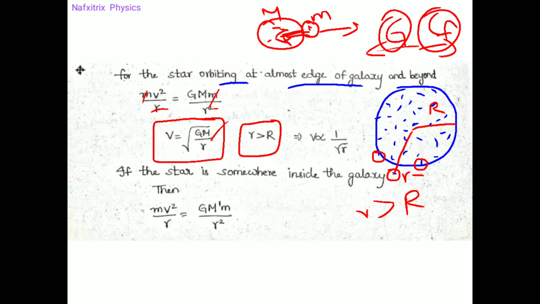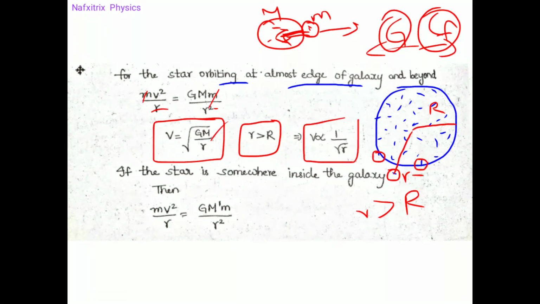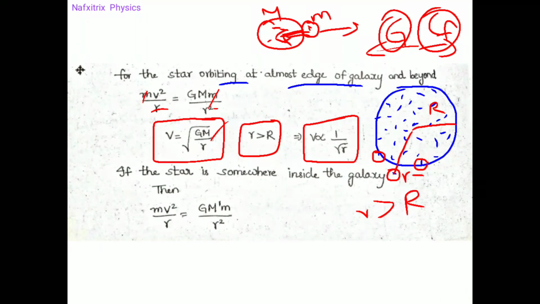So overall, v is inversely proportional to the square root of r outside the galaxy, meaning the star which is almost outside at the edge of the galaxy. That means r greater than capital R. So this is the condition.